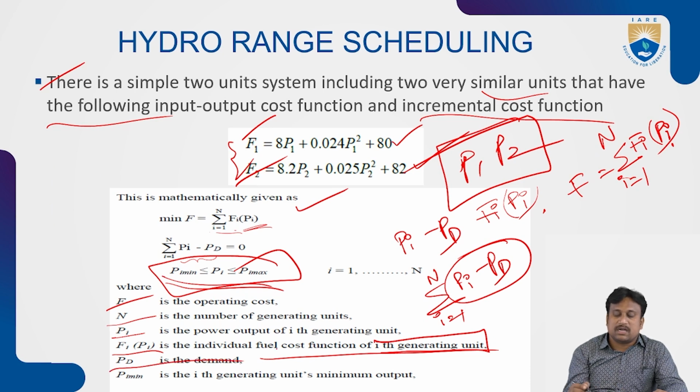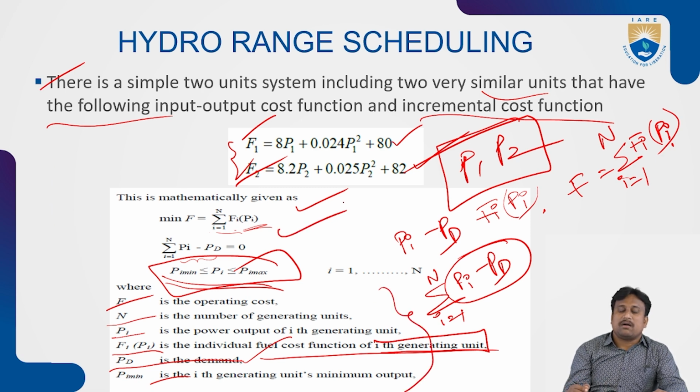PD is the load demand. According to the load demand we will treat it, and Pi minimum is the ith generating unit's minimum. So these are the variables we must consider while defining the cost function of the generator.